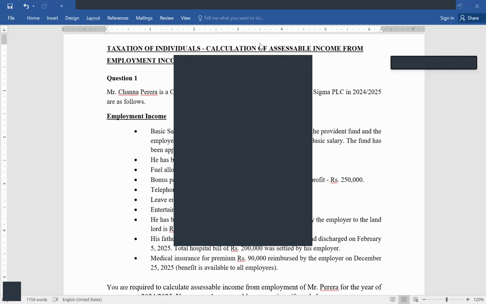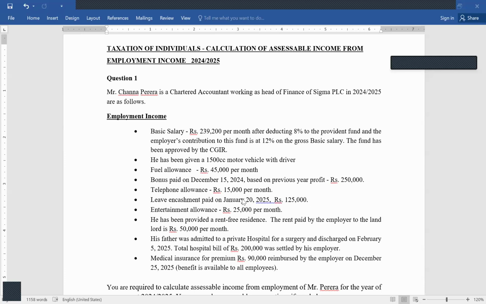So lump sum amount is liable. So you should mention that amount in the liable column. But you should consider the date it was paid. So here we received it on December 15, 2024.